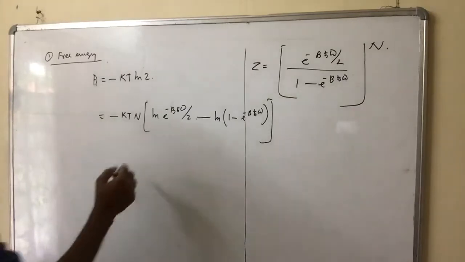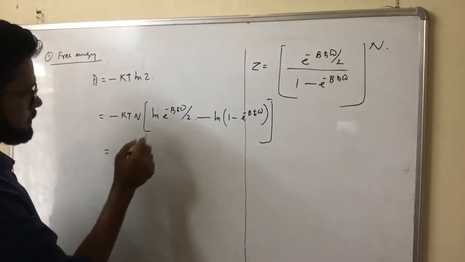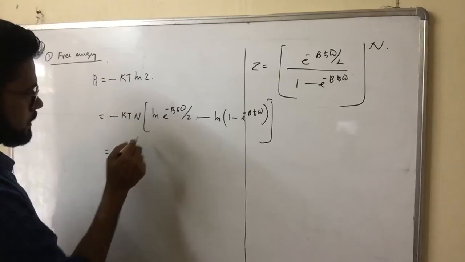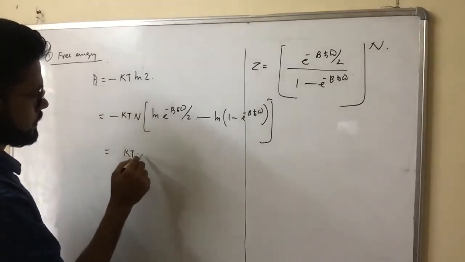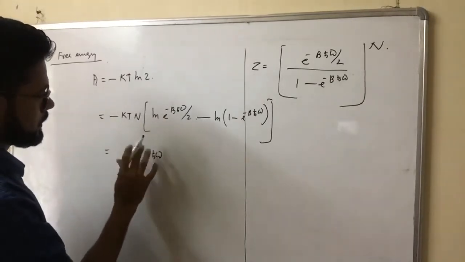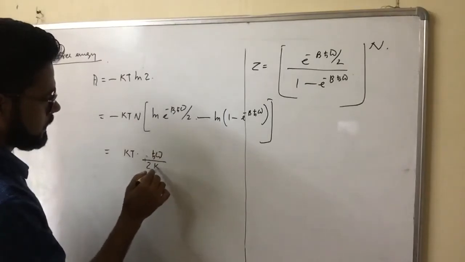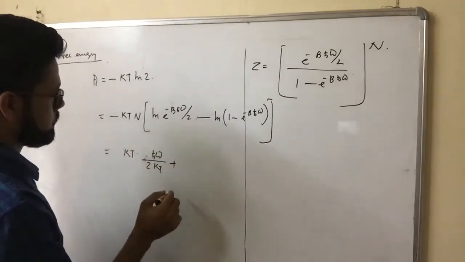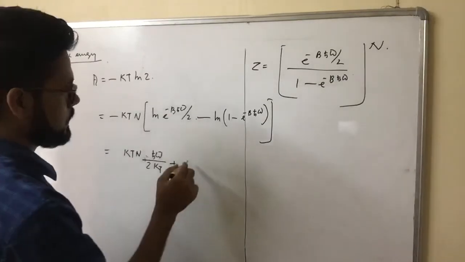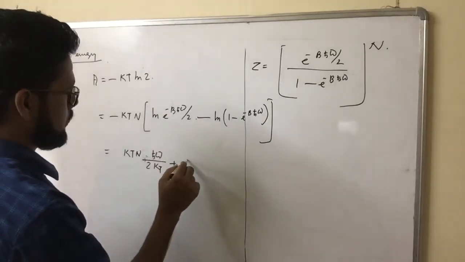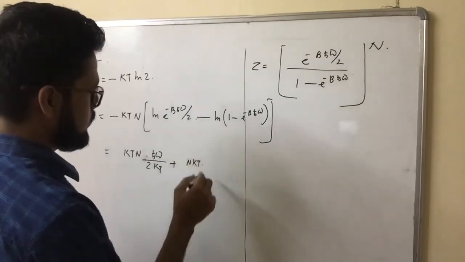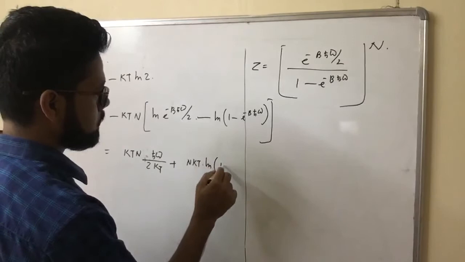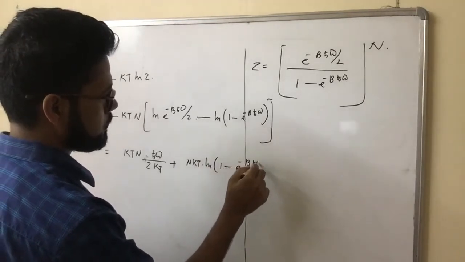So the first term becomes kT into plus beta h cross omega by 2. Beta means 1 by kT, so I am writing kT directly. Second, n is there, and the second term is positive, so n kT times ln of 1 minus e to the power minus beta h cross omega.